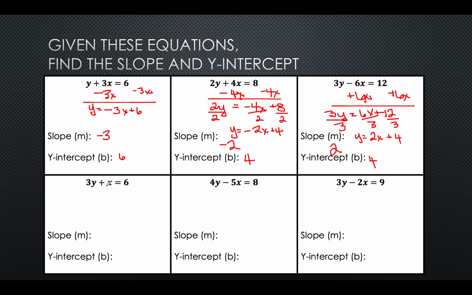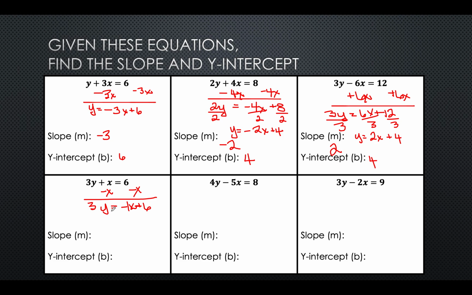Okay. Again, minus our x. And remember, that one's going to have a 1 in front of it. So we have 3y equals -x plus 6. And we have a 1 here.